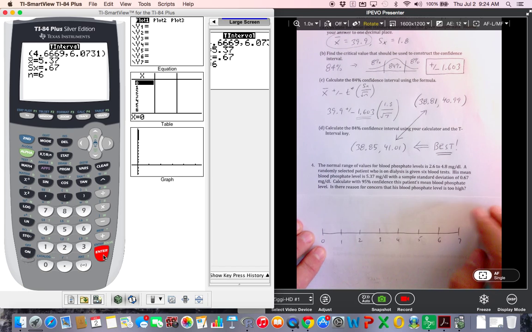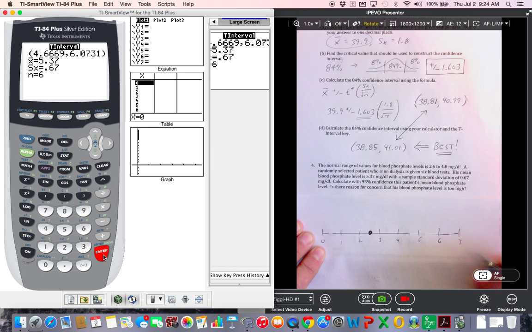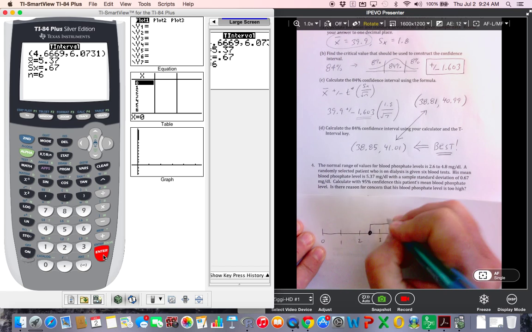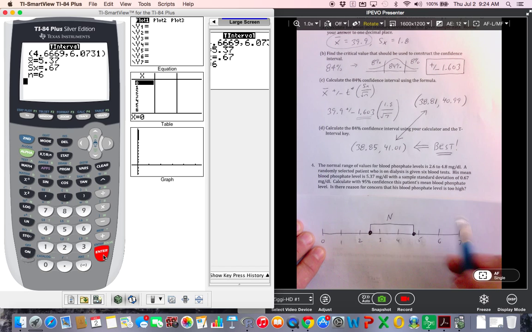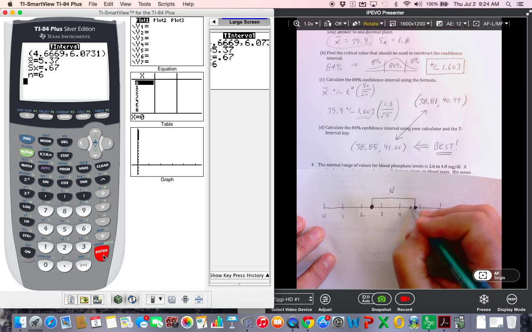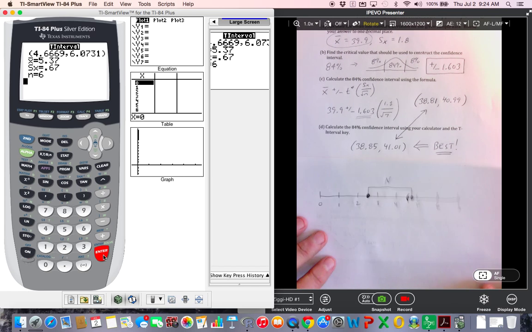All right, so normal runs from 2.6 to 4.8. And this person's confidence interval runs from 4.7 up to 6.07.